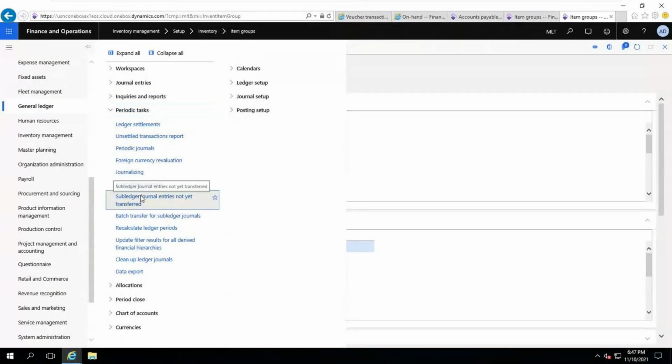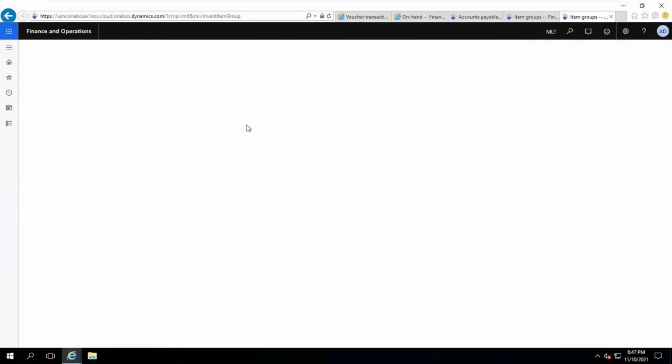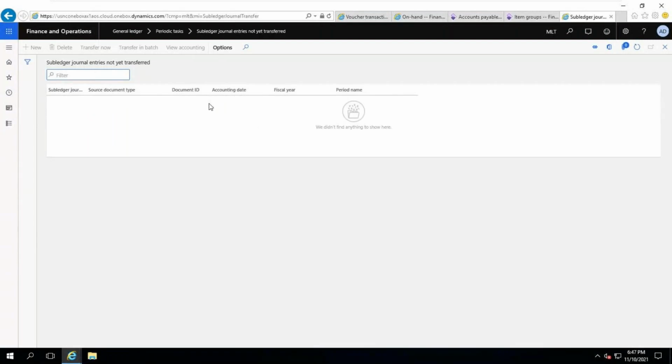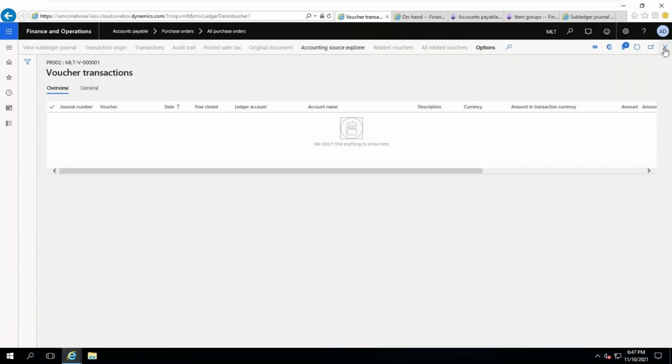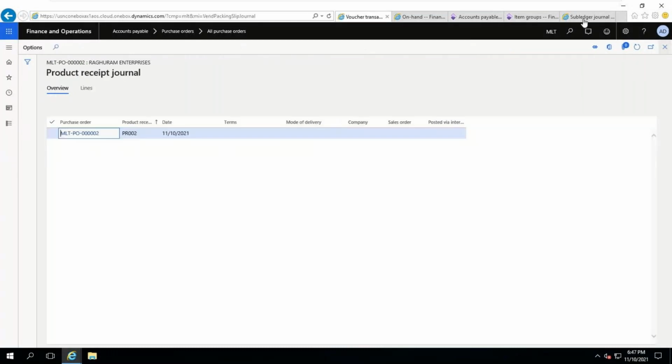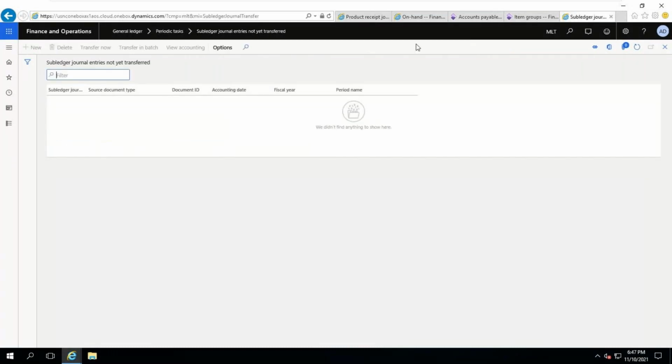It is not yet transferred. Nothing here as of now, so there is no voucher at all.